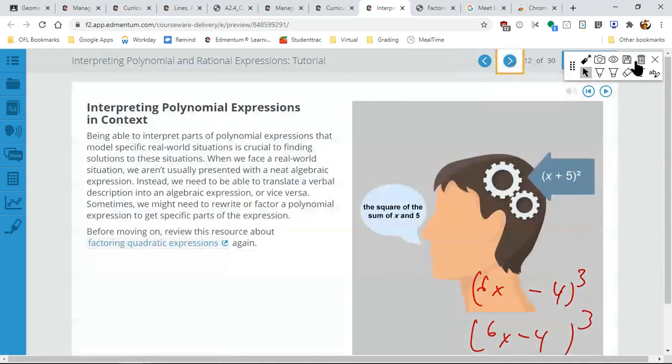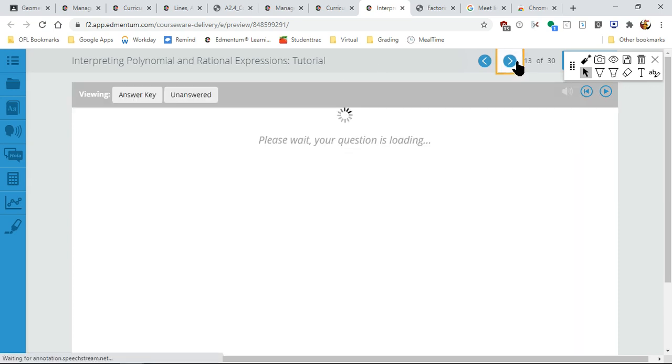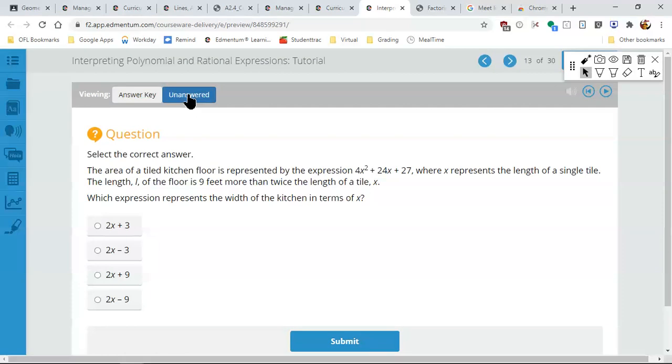All right, so let me delete my writing. Interpreting polynomial expressions. So we're going to try to read this and understand what they mean. So now it's saying, the area of the tiled floor.